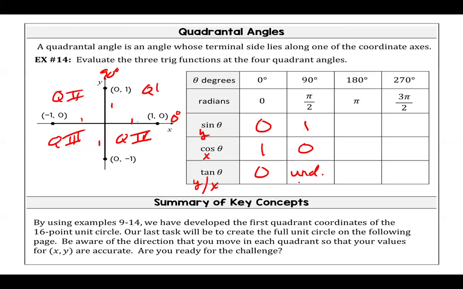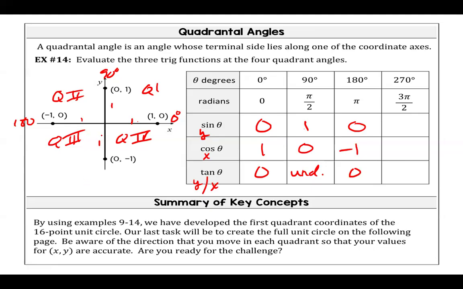Now I'm going to go another 90 degrees, which is going to put me at 180. So the sine of 180 is what? 0. Cosine of 180 is -1, and therefore, the tan of 180 is 0. I know, it's crazy.